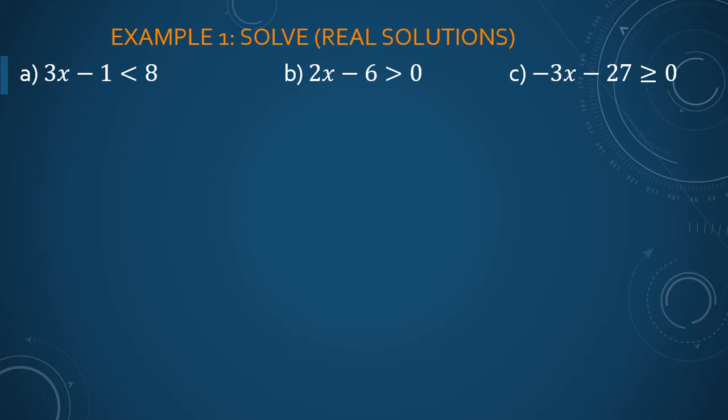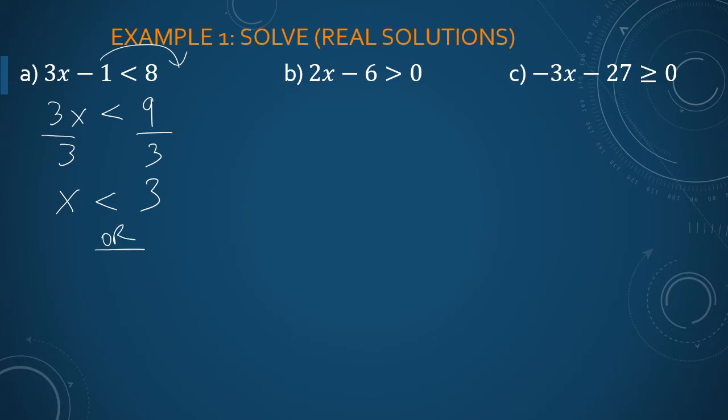So let's take this -1 and move it across, and just like we would normally, when we cross that, we change the sign and it becomes +1. So we're left with 3x is less than 8 plus 1, which is 9. Same steps. Divide both sides by 3. x is less than 3. So this provides us with a solution set or a solution interval.